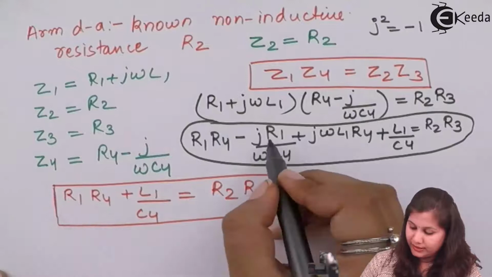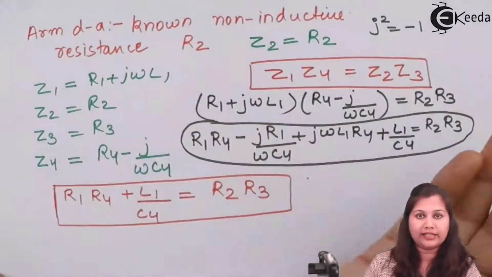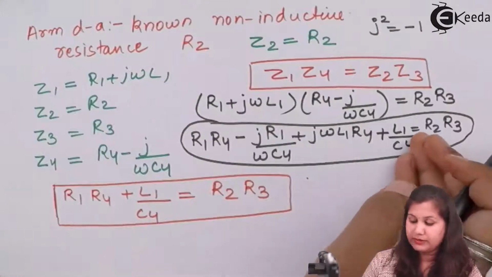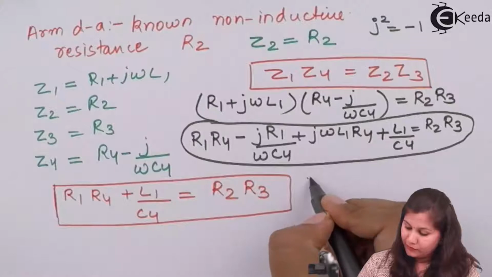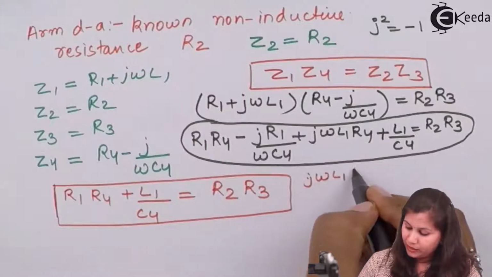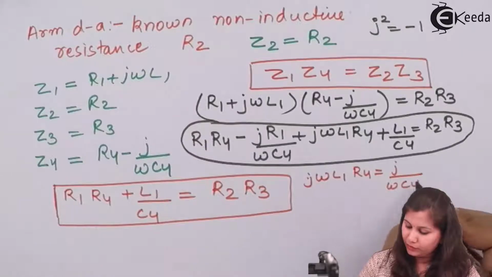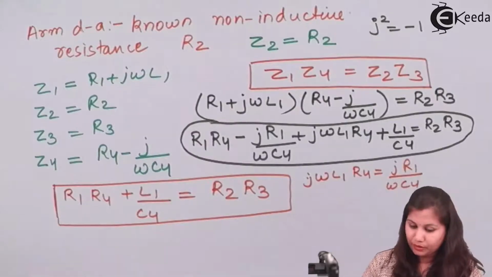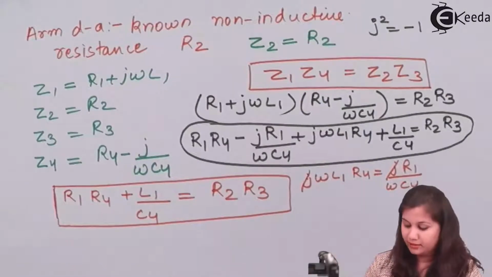Another equation: when this minus goes to the right hand side of the equal sign, it will become plus. So we will have J omega L1 R4 equals J upon omega C4 R1. So J and J will cancel out.